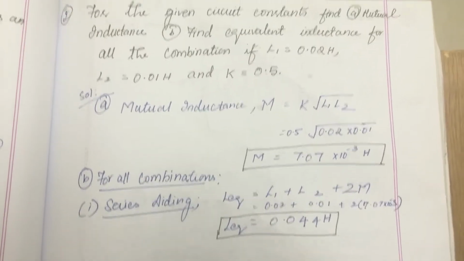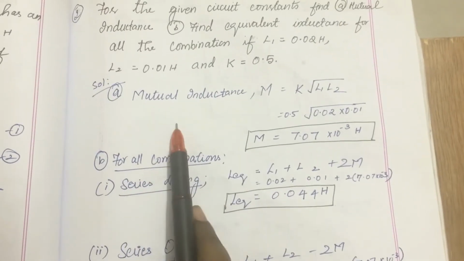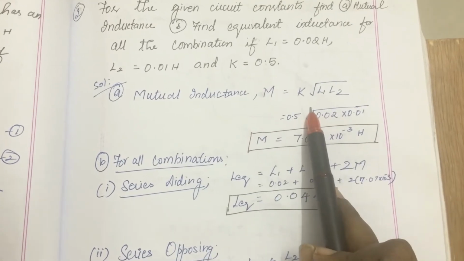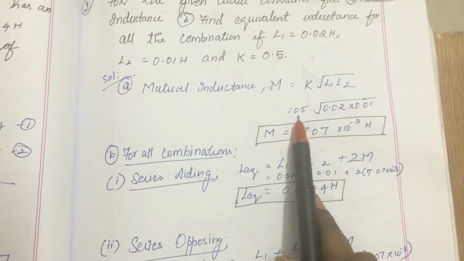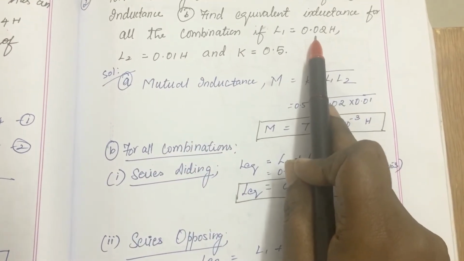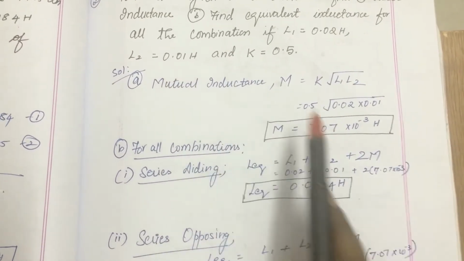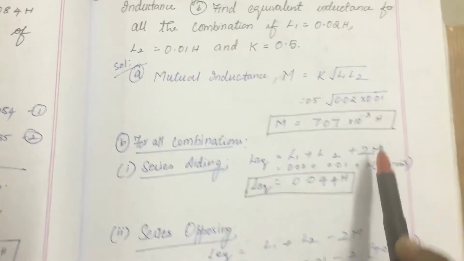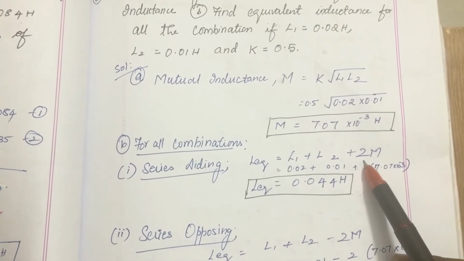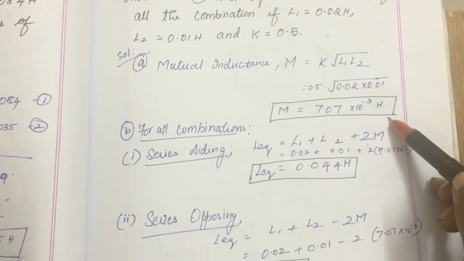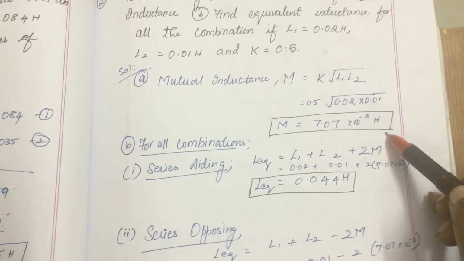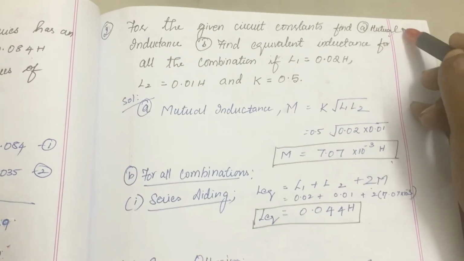To find the mutual inductance, M is equal to K into root of L1 into L2. K value is 0.5, L1 value is 0.02, and L2 value is 0.01. When we substitute, I have got my M value as 7.07 into 10 power minus 3 Henry. So I have answered my first question, mutual inductance.